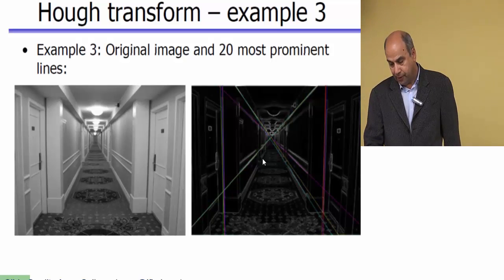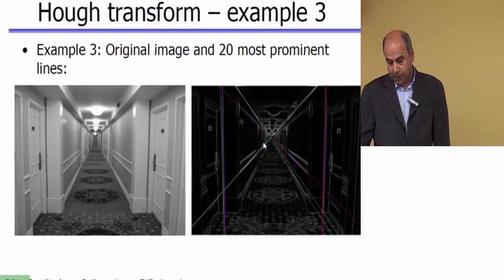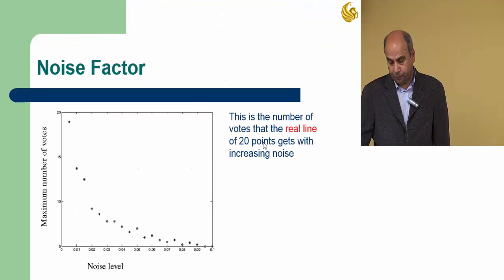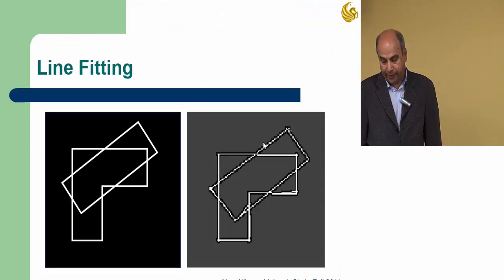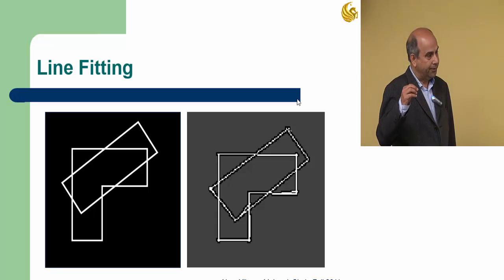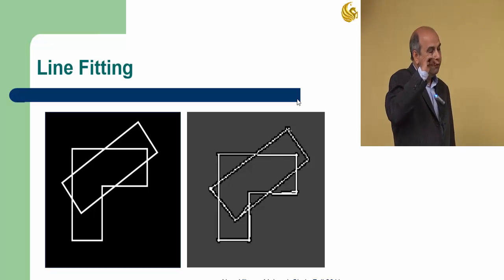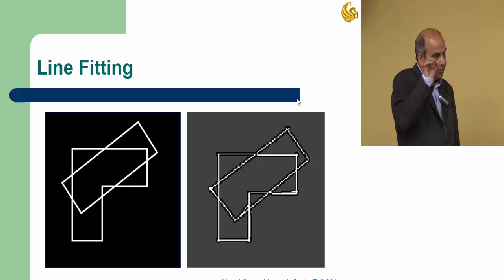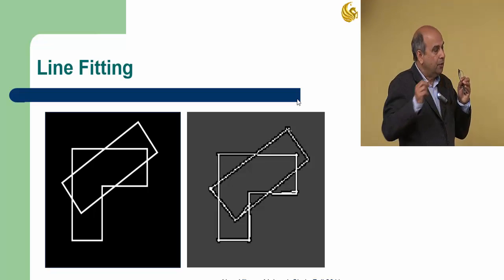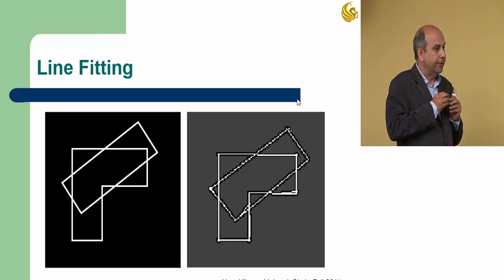So when you build the accumulator array, you can keep track of which points voted for that particular cell. Then when you find the maxima, from there you get the slope and intercept. You draw that line, but only through those points at their XY locations. That's the way to deal with that.